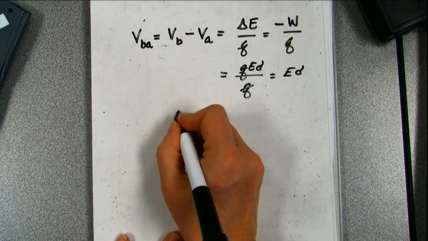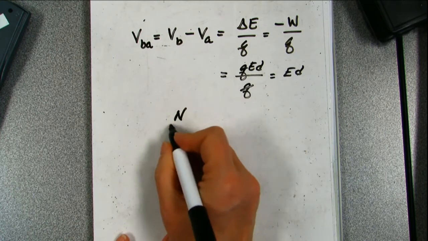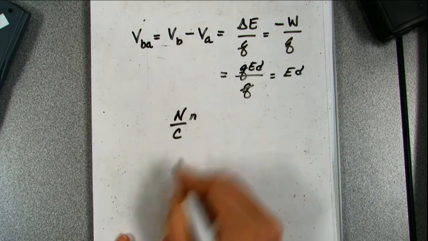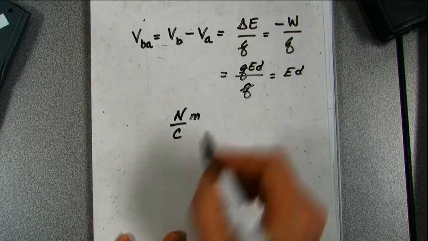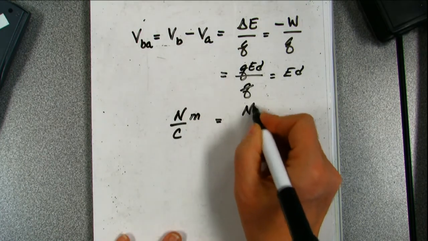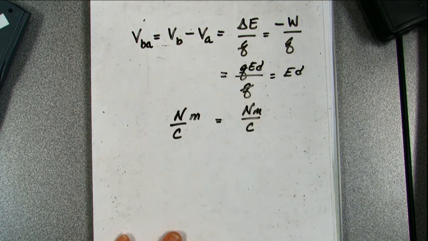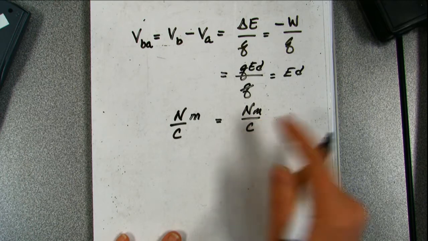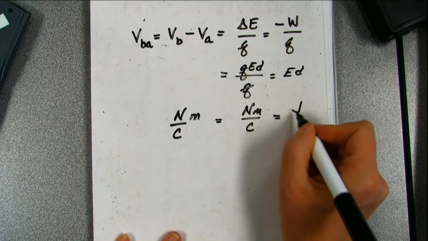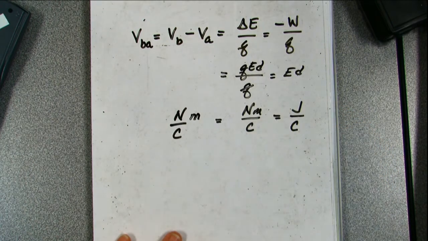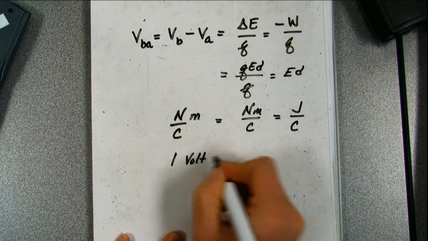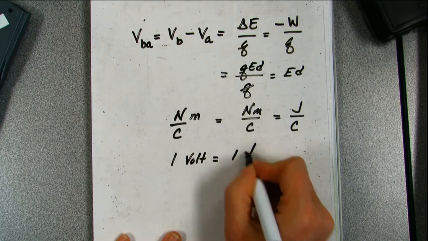So I've got the electric field is newtons per coulomb. And distance is in meters. So I end up with this weird unit, newton meters per coulomb. But we know what a newton meter is in terms of energy. That's a joule, and these are joules per coulomb. And we define 1 volt is equal to 1 joule per coulomb.